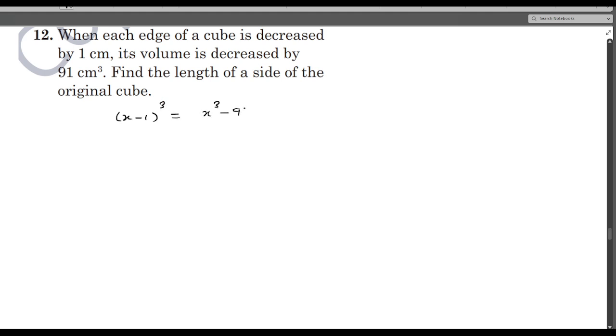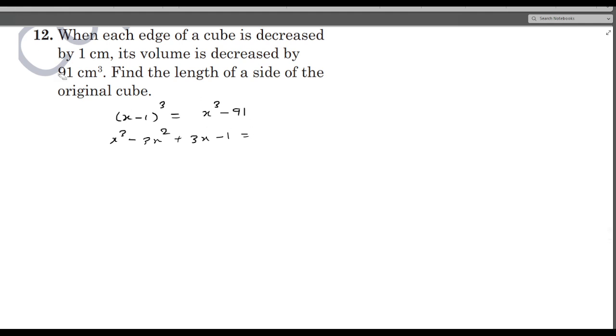So again, the equation will be x minus 1 cube equal to x cube minus 91. Okay, if I expand it, it is x cube minus 3x square plus 3x minus 1, is equal to x cube minus 91.